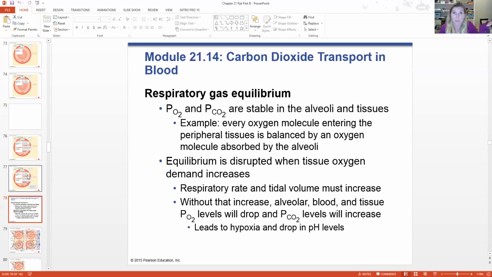Carbon dioxide, the majority of it, is turning into carbonic acid in our blood, right? So that carbonic acid is going to work to lower our blood pH. So the more carbon dioxide we have in our blood, the lower our pH will be. So if we have this super buildup of carbon dioxide, or our body's not getting rid of carbon dioxide the way it should be, our blood pH is going to drop.